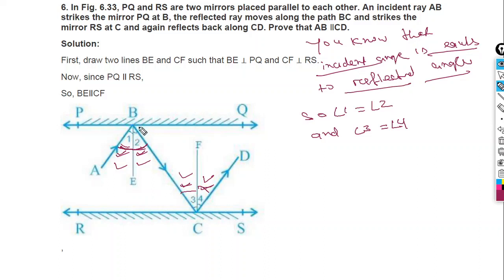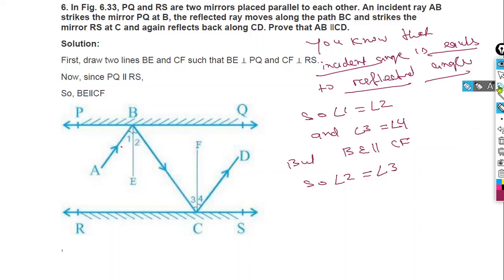Now, we have constructed BE parallel to CF. So angle 2 is equal to angle 3. Therefore, I will clear the figure for you.